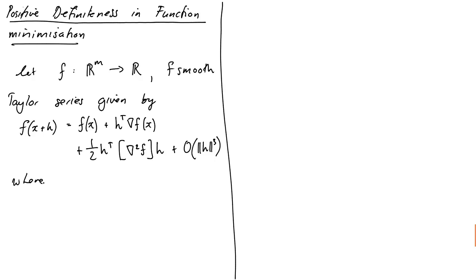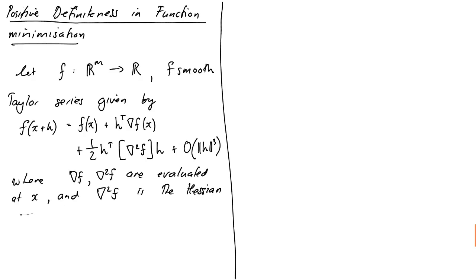So this is where the gradient and the Hessian are evaluated at x, and this beastie is the Hessian matrix.